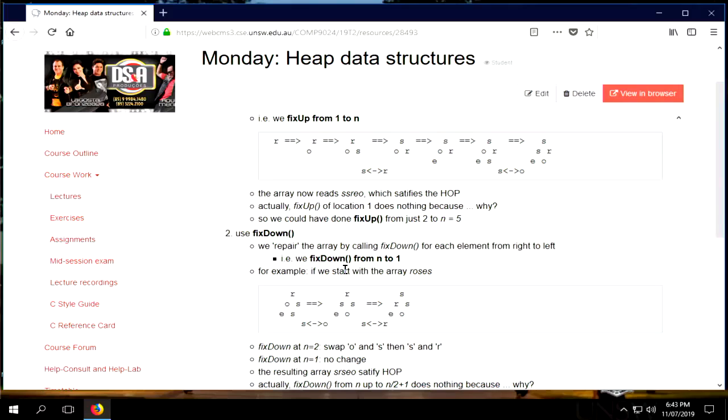Because when you've said, okay, that's my node, do a fix down. Fix down, well, S hasn't got many children. The last node is never going to have any children. And that's the point. You don't have to fix down for the last node.